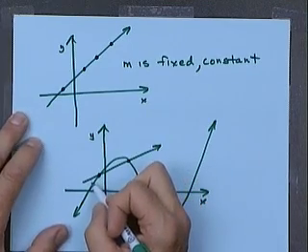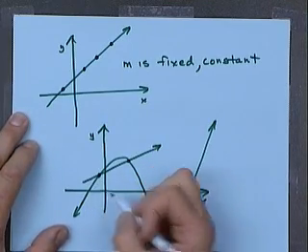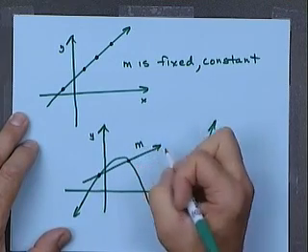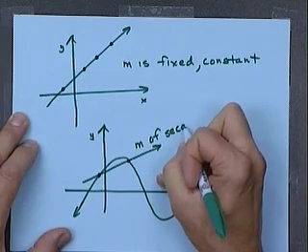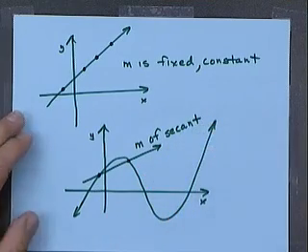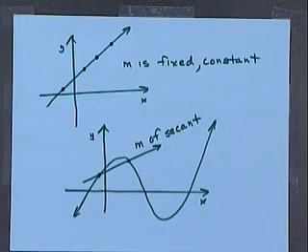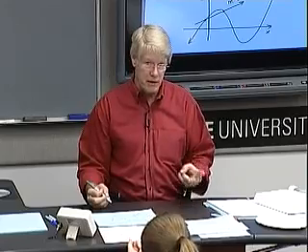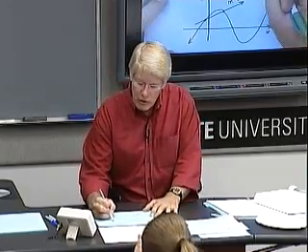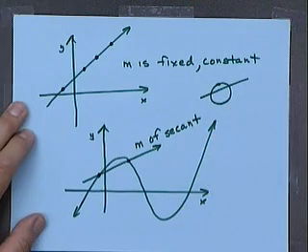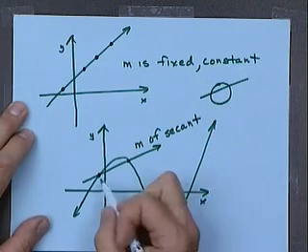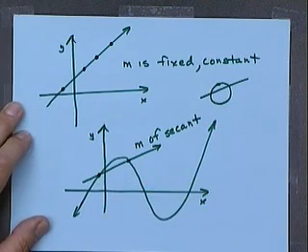The terminology used here, and I think you've probably used it before, is the slope of the secant line. Secant, you probably saw in high school geometry when you talked about a circle and a line that sliced through a circle and made two points of contact. That's probably where you saw the word secant the first time. That is a secant line. So we might want to see the slope of the secant line.